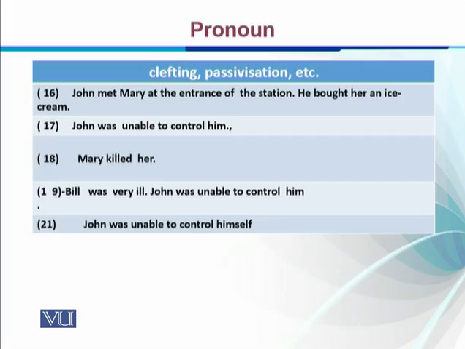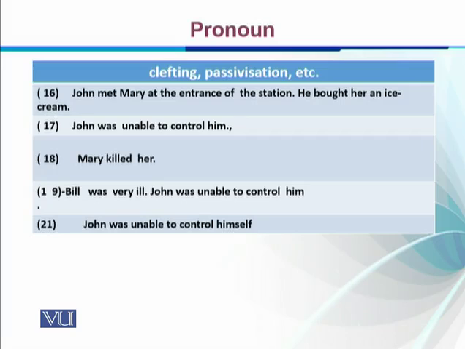If we look at the first sentence, we find that the pronoun he in the second sentence is replaced with John, and similarly her has replaced Mary. So they are co-referential, so they are used for each other, right? But they are bound outside the sentence. They are not within the same sentence.